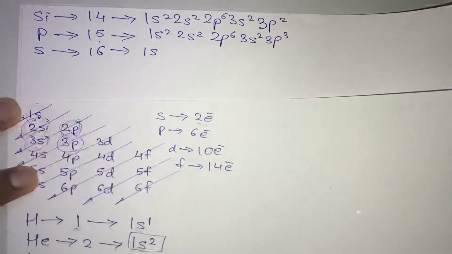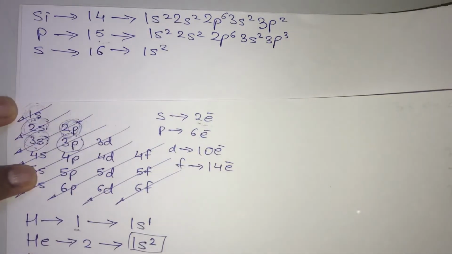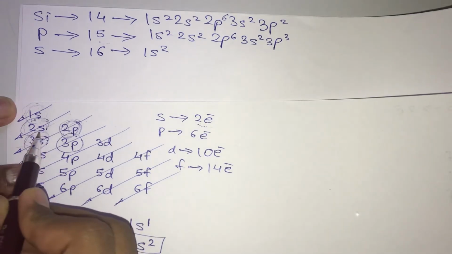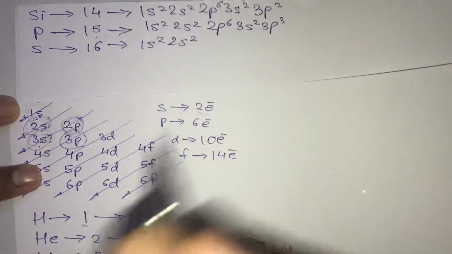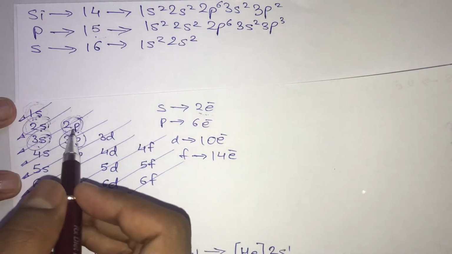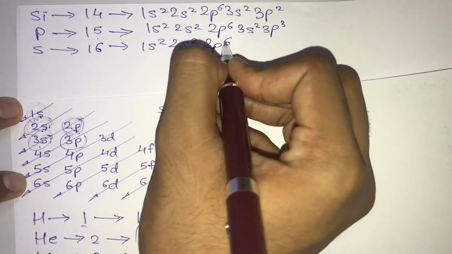Inside this 1s there can be a maximum of 2 electrons, so we write 1s2. After 1s we move on to the next diagonal where we meet 2s. This 2s can take a maximum of 2 electrons. After this 2s we move to the third diagonal where we meet 2p. This 2p is going to take a maximum of 6 electrons.